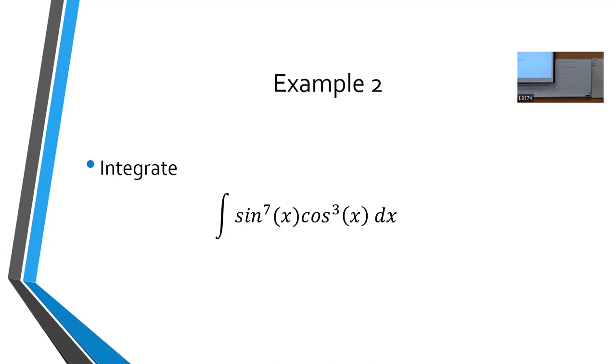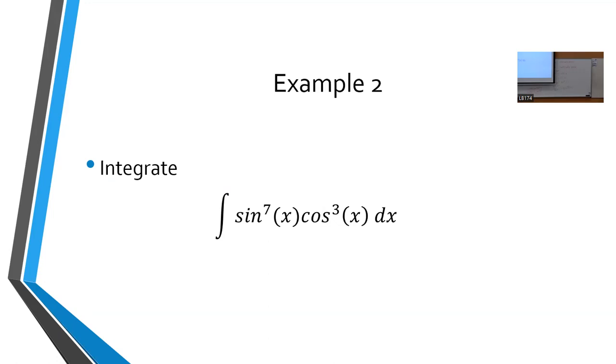So let's do this one. Actually, I'll let you do this one, but let me get you started. So in this case, both are odd powers. So if you pull off the sine and attach it with the dx, that's going to be okay to do.